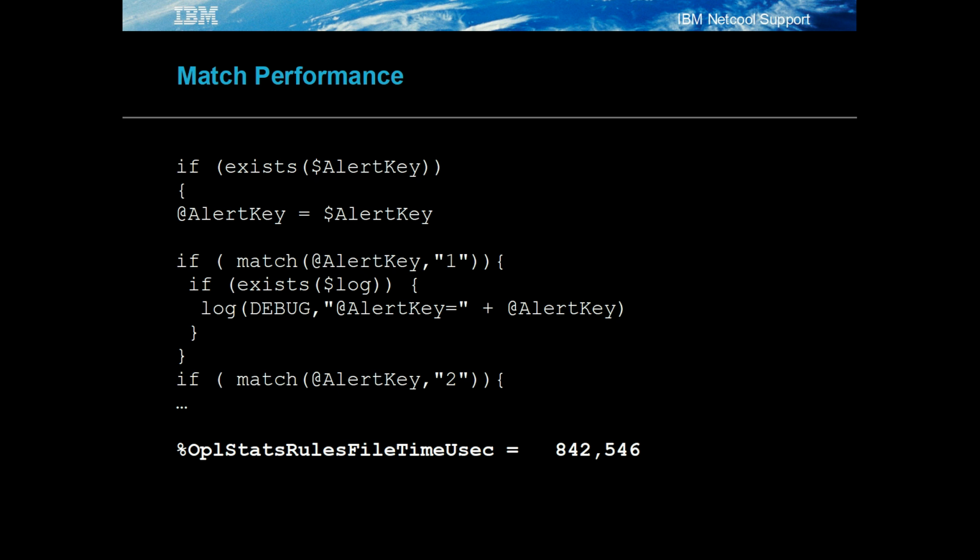For 1,000 events and 1,000 if match statements, the rules file timing was 842,846 USECs. This makes match statements 28% more efficient.